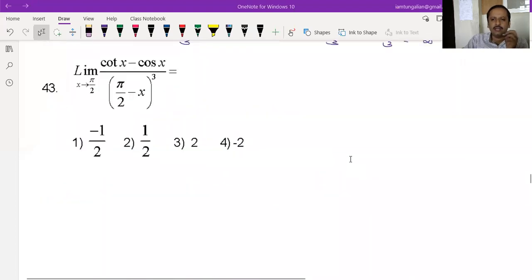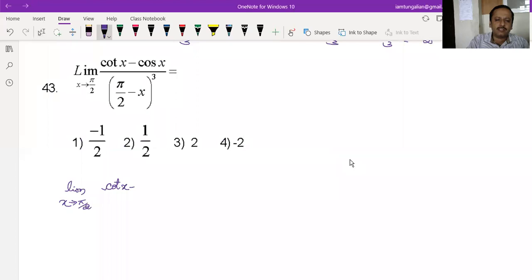Then coming to the 43rd question. Limit as x tends to pi by 2 of cot x minus cos x divided by pi by 2 minus x whole cube.